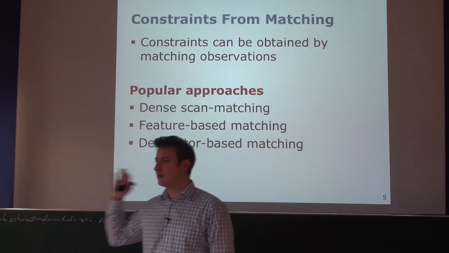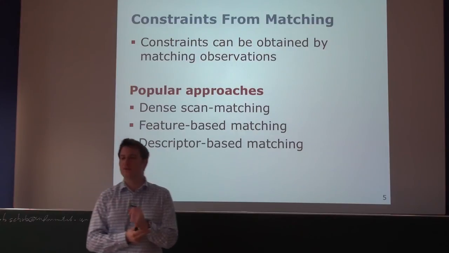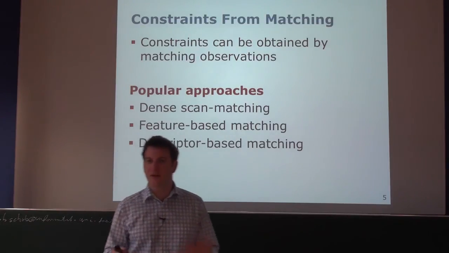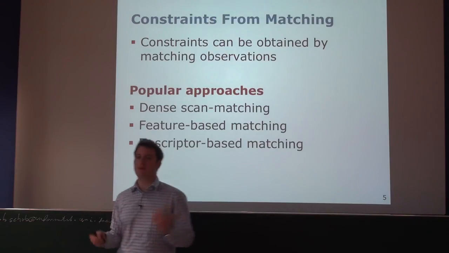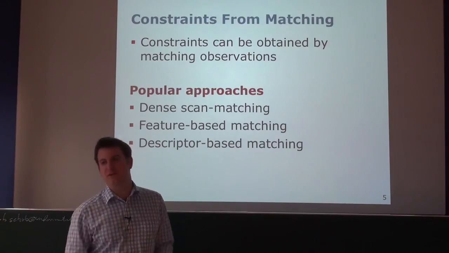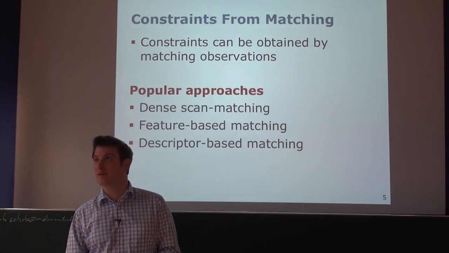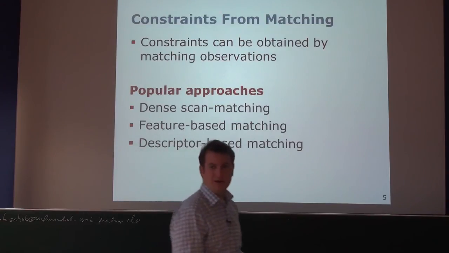We take our raw laser range information and try to align the different laser scans that we obtained at different points in time. If we can match them well, we may say, okay, this part of the environment I see at the moment looks very similar to the part of the environment that I've seen in the past, and therefore it is quite likely that we are at the same place.